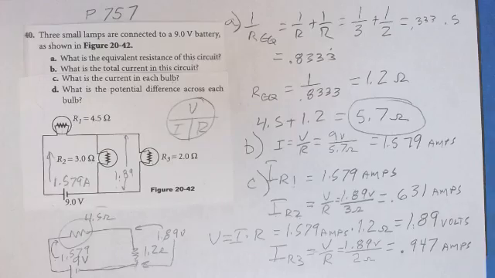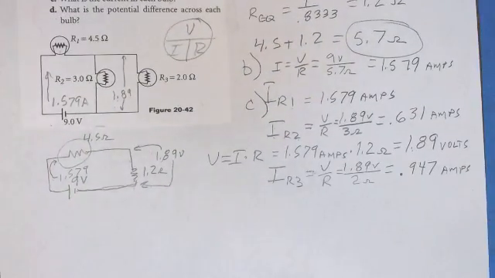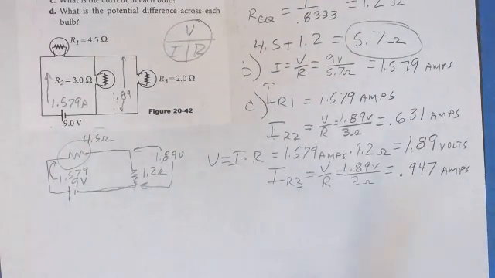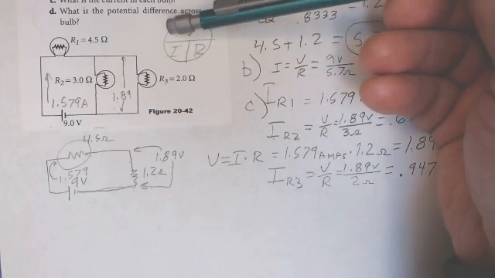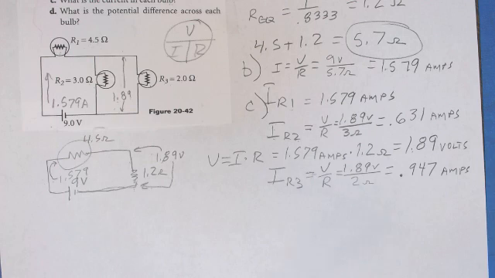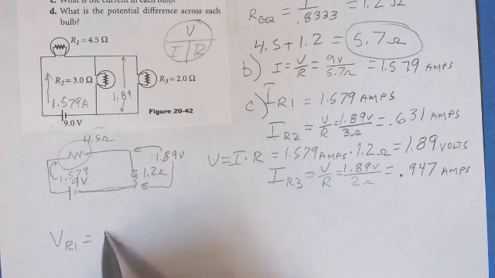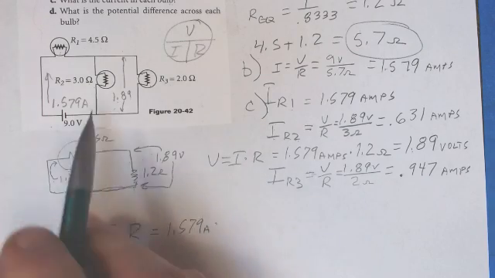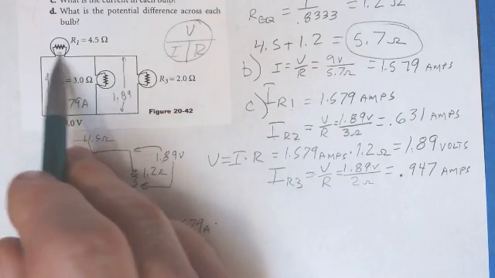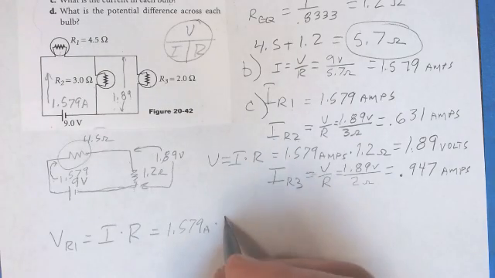So the voltage across this bulb, we're looking for V, that's IR. So V of R1 equals IR, which equals 1.57 amps times the resistance of the bulb. We're looking for R1 here, 4.5.